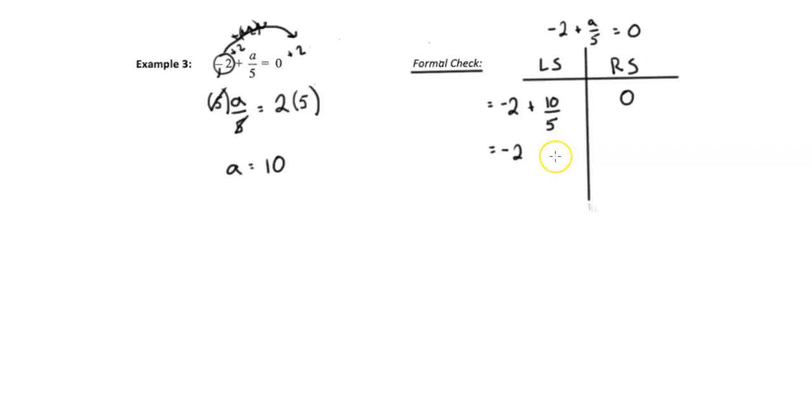Count by 5s. 2. So plus 2. -2 plus 2 is? Don't say I don't know. 0. All right, so check. Left side equals right side.